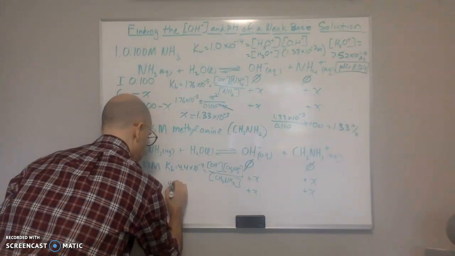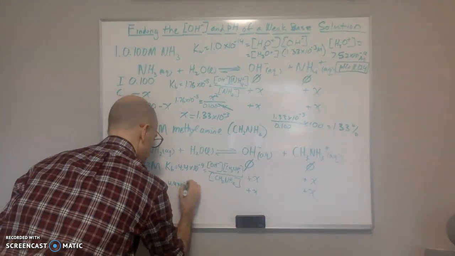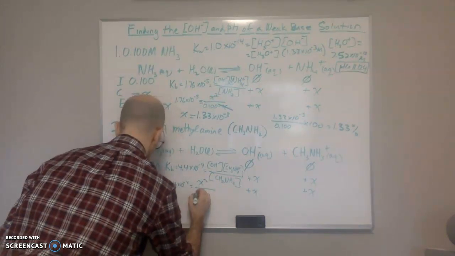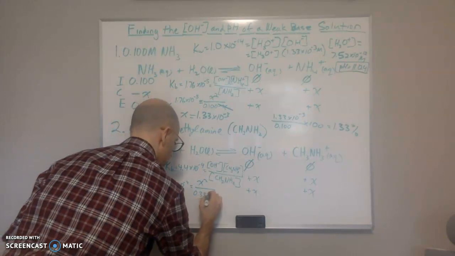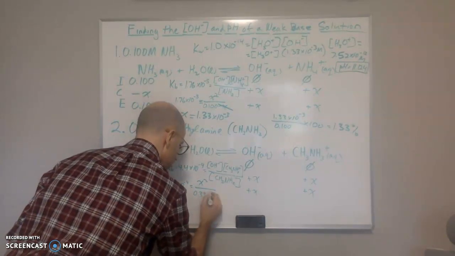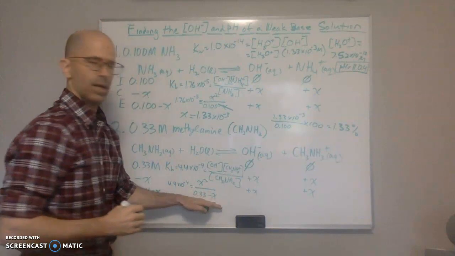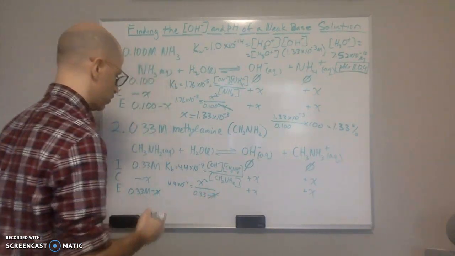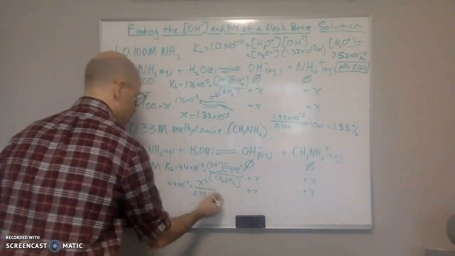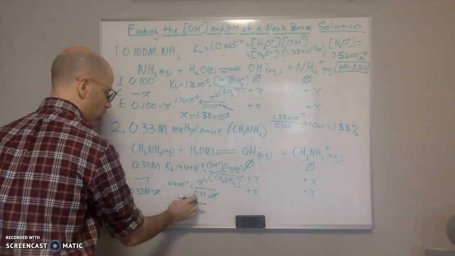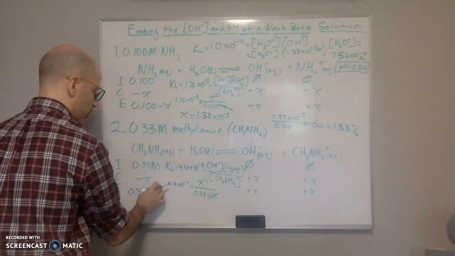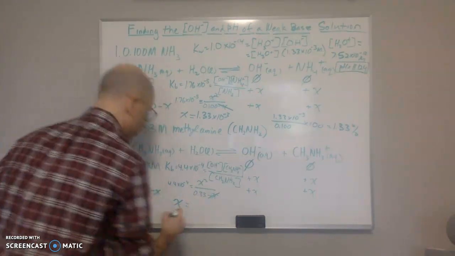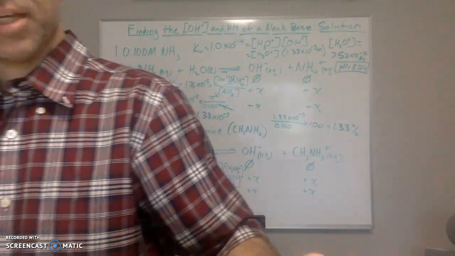So that's going to be 4.4 times 10 to the negative 4 is equal to x squared over 0.33 minus x. Again, we're going to do the x is too small approximation, so that will be negligible. So we'll get rid of that. Solve for x. So multiply both sides by 0.33. Square root both sides to get x.